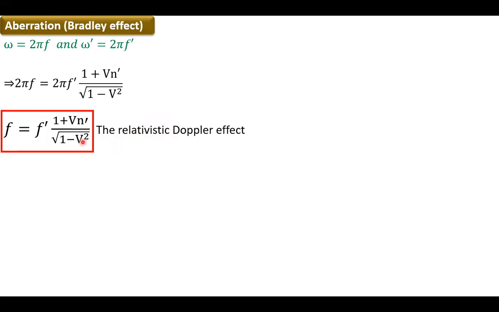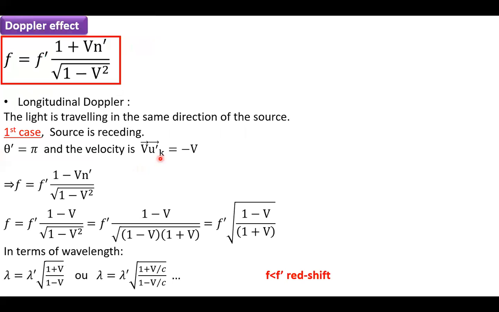Now it's a relativistic Doppler effect, which you will see in the next slides has an additional factor. So you have your Doppler effect, f equals f prime times 1 plus v n prime over the radical.